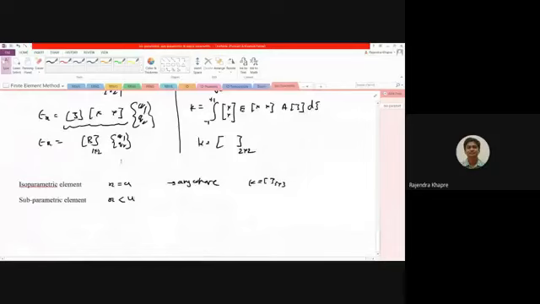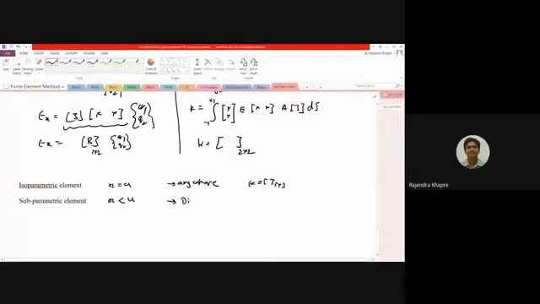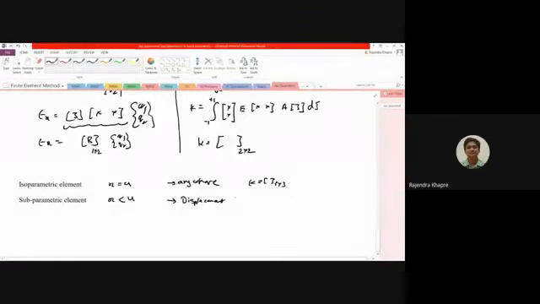Whenever you have a problem where the displacement is important and is quite varying, in this particular case you can use the subparametric element, and the stiffness matrix will also be of size 3 by 3.